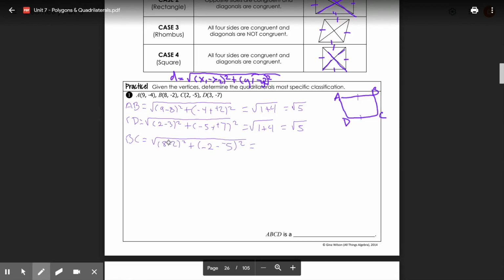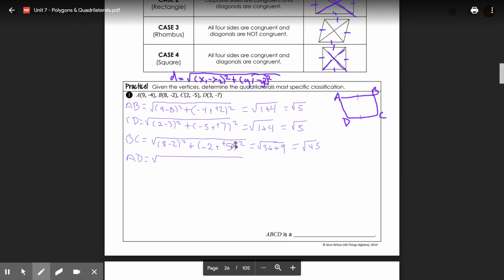So 8 minus 2 is 6. 6 squared is 36. And -2 minus -5 is the same as -2 plus a positive 5. That would be 3. And then 3 squared is 9. 36 plus 9 is 45. Okay, and then we just did BC, so we need to do AD.